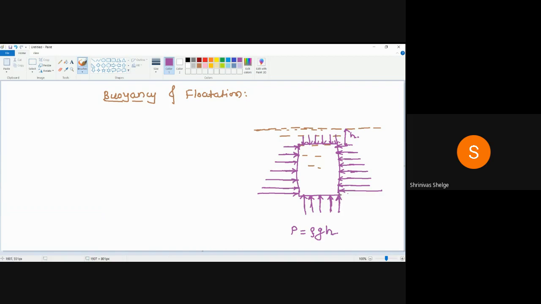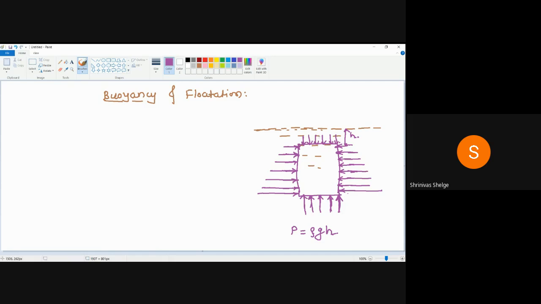Because when we want to find this pressure force, we first have to calculate the pressure, and the pressure will be rho g h. So h is more at the bottom surface than the top surface. So obviously, at the bottom surface, the pressure force acting is more than the pressure force acting on the top surface. Correct?